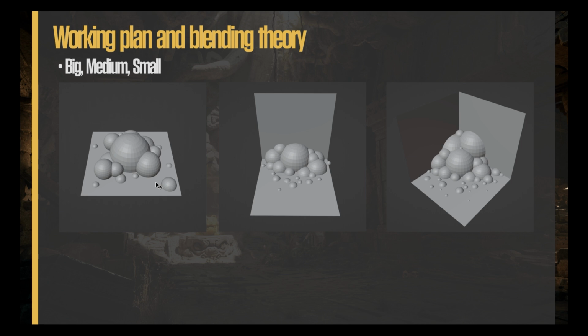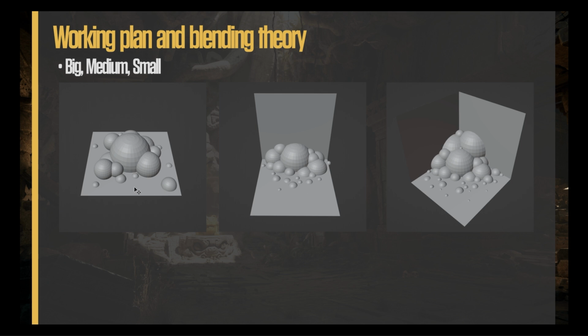This is a simple example of what to expect going forward: how to create your kit in a way that it reads well, and not just a random destruction or rubble kit that might end up being too noisy in your scene and does not blend so well with everything else.